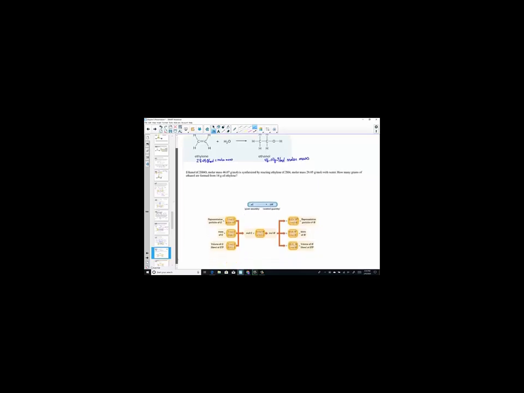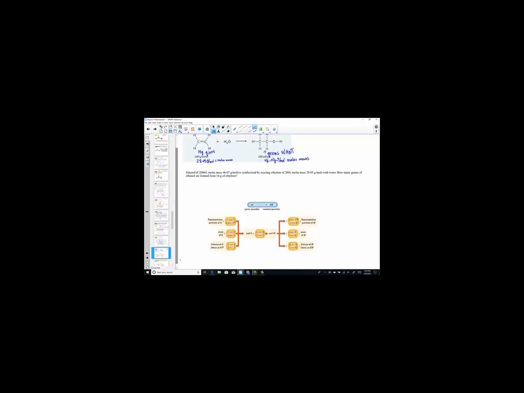How many grams of ethanol are formed? That's what I want to know, is how many grams of this, that's my want, given 14 grams of ethylene. So that's my given. All right, what are we doing? You see where we're starting?